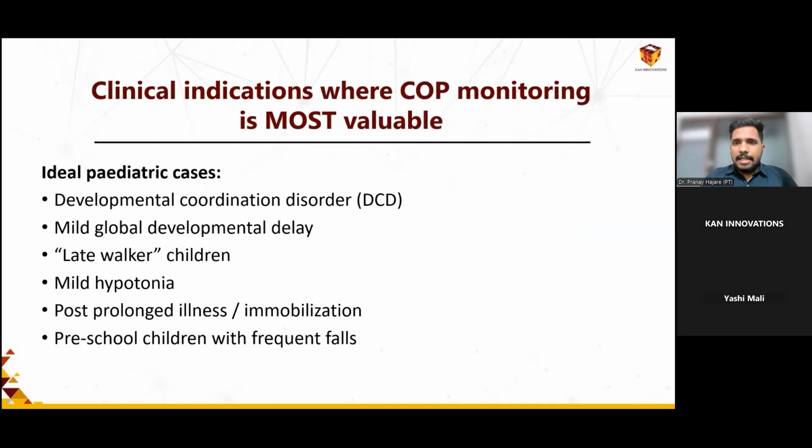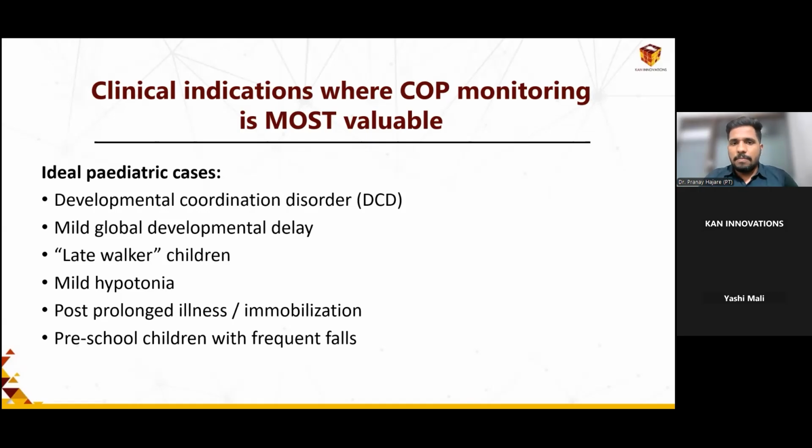So what are the clinical indications where center of pressure monitoring is most valuable? In pediatric gait assessment, children often don't show an obvious abnormality when they walk or run, but sometimes something feels slightly off. This is where center of pressure monitoring becomes extremely powerful.